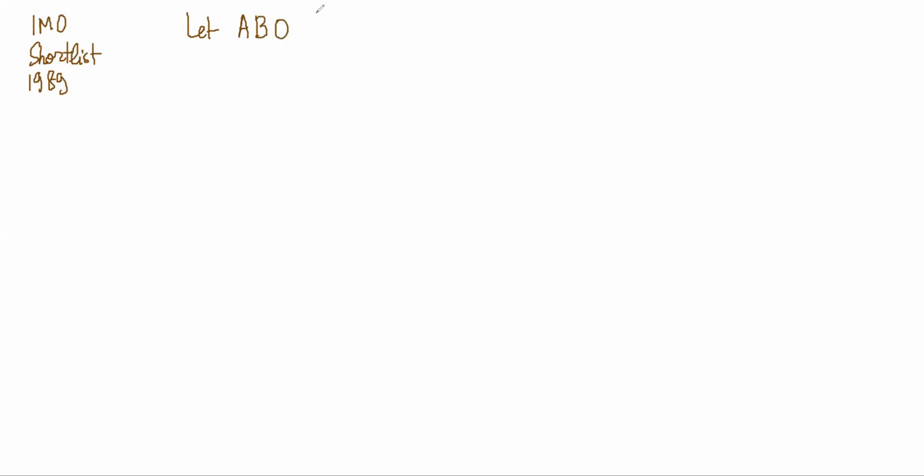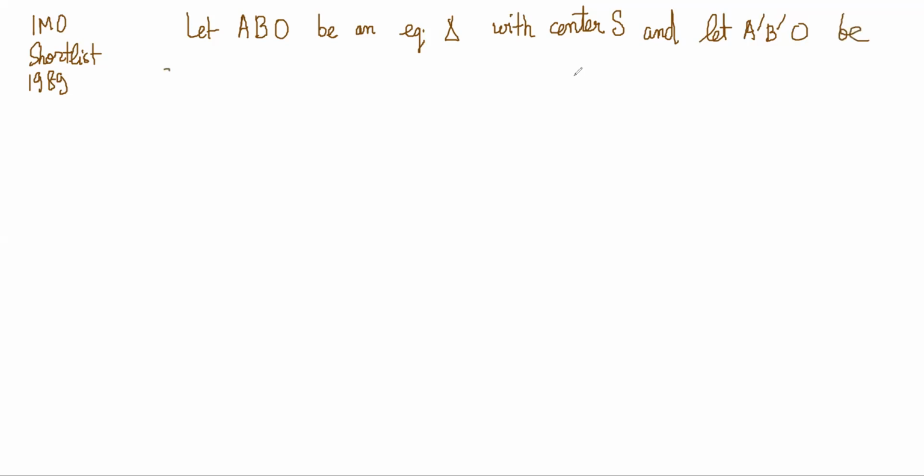It was not mentioned. Let ABO be an equilateral triangle with center S, and let A dash B dash O be another equilateral triangle with the same orientation.